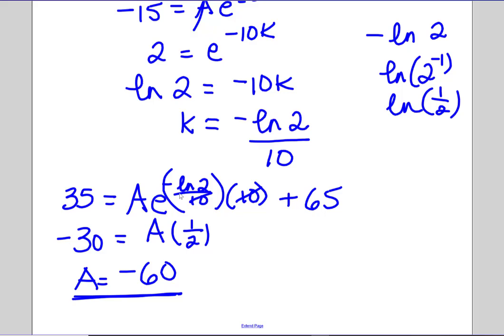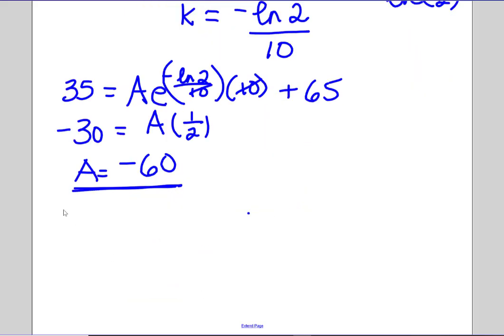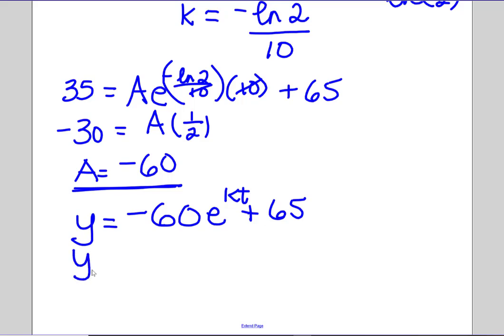And that was at the 10-minute mark. So to find the original, we want to go back and say y is equal to negative 60 e to the kt power plus 65. So the y of 0, substituting 0 for t, we get negative 60 e to the 0 times the k value, so that's all going to go to 1, plus 65.